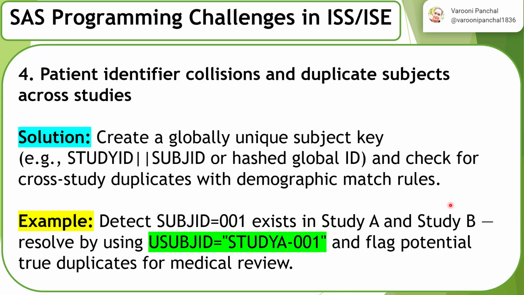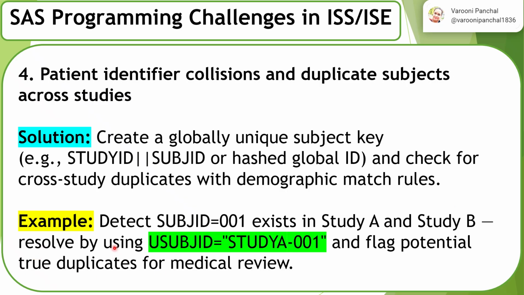Now, global ID you can create in discussion with the sponsor, and you can take their approval, and use that particular global ID to identify each and every unique record, and check for any cross-study duplicates with demographic match rules, right? So if you feel that there might be some duplicate records from studies done 5 years before, you can even cross-check those duplicate records as well.